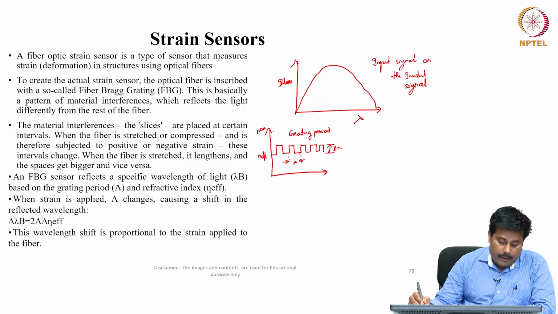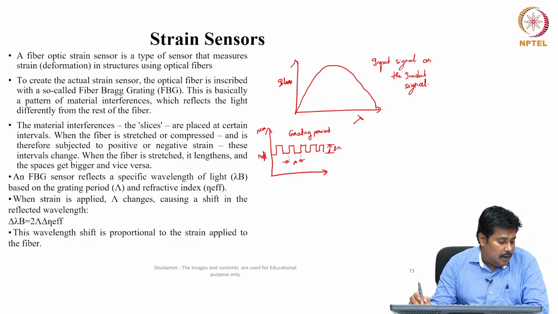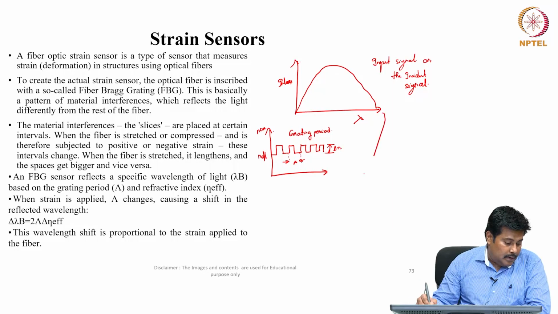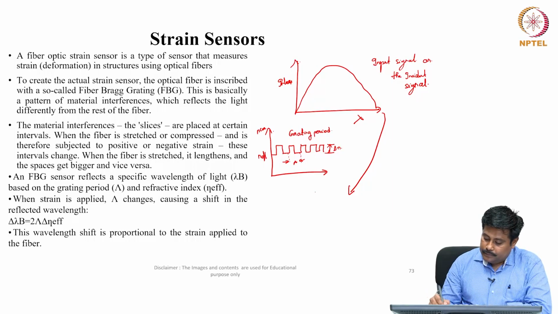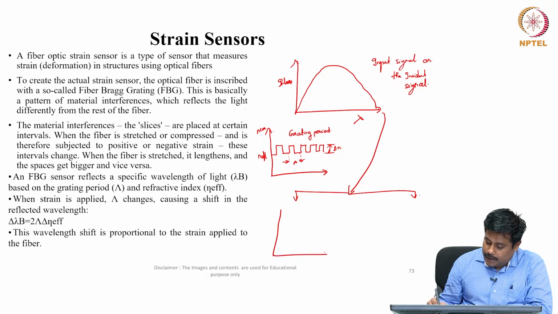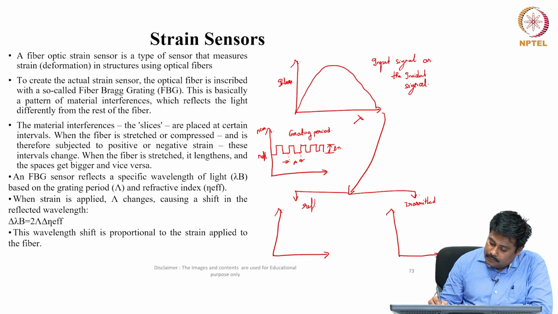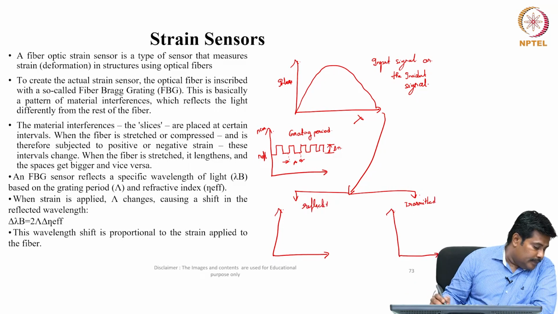So, if this is going to be the input light, appropriately we will be getting two different responses. One response is the reflected light and the other response is the transmitted light.